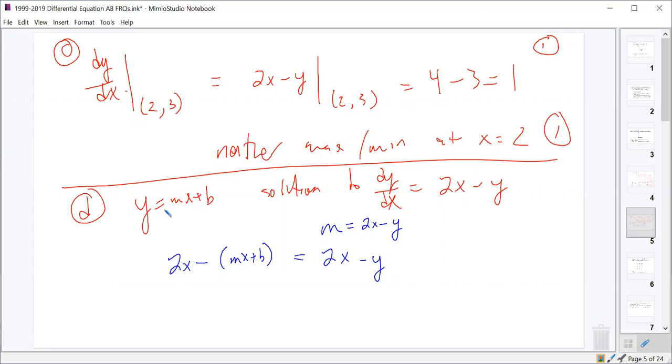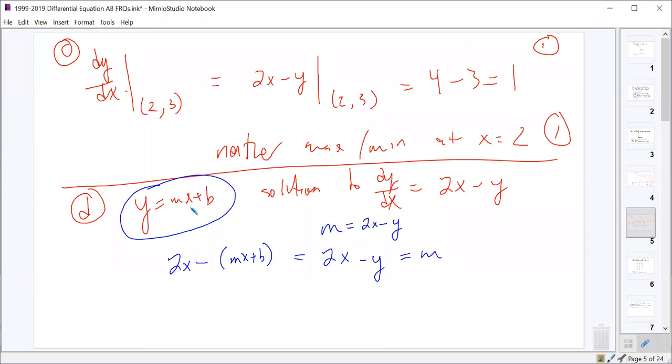Well, the derivative of this is m, and it's also 2x minus y. Right, this is the solution to my differential equation, so the derivative of my solution should be this.